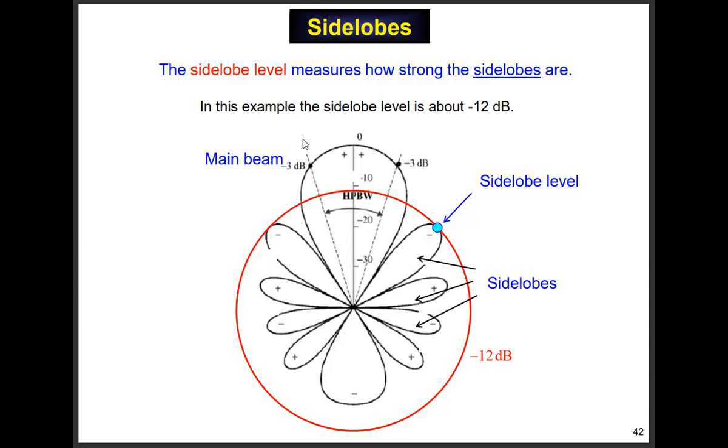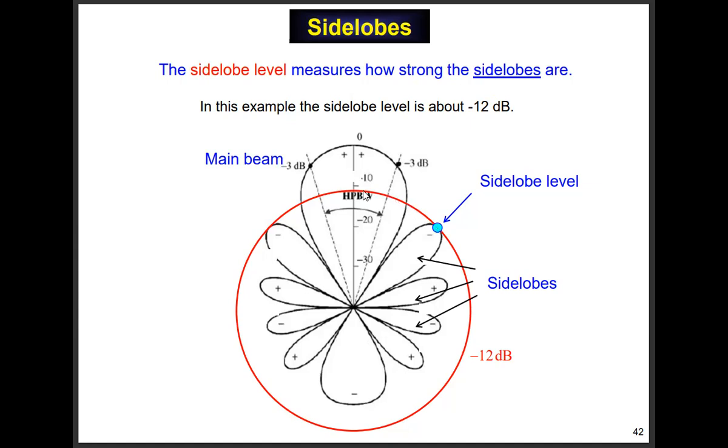So we look at this hypothetical pattern here. Notice that it's got a lobe pointing in the backward direction too, 180 degrees opposite from the main beam. You can call that a side lobe. You can also call it a backward beam. But anyway, if we take the biggest of all these side lobes, it's this one right here. I drew a red circle around it.